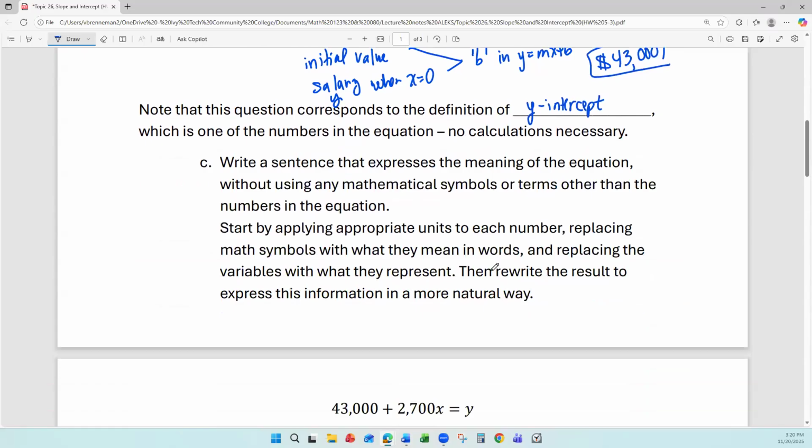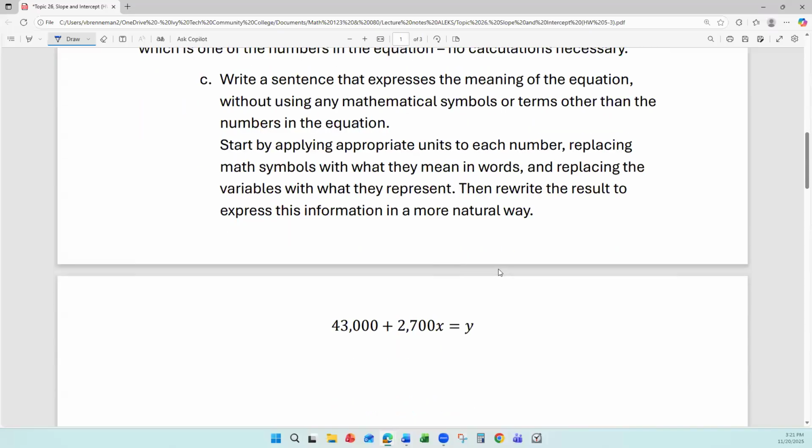Okay, then writing a sentence, we're going to take this equation and express what it actually means. So we have the 43,000. We've already said that's the initial value. It's a dollar amount. It is salary when she started. The 2,700, also a dollar amount, but more specifically, it is per year.